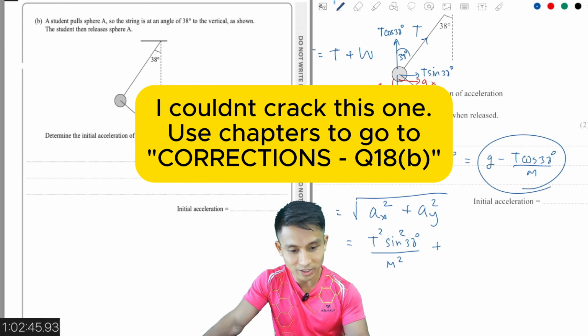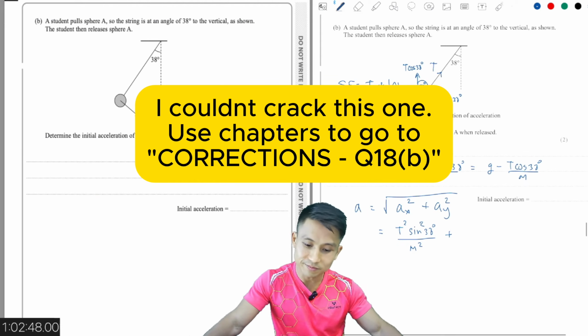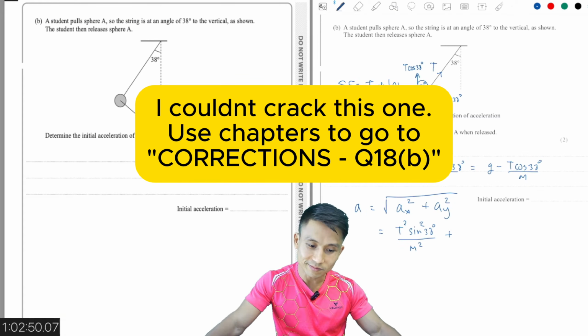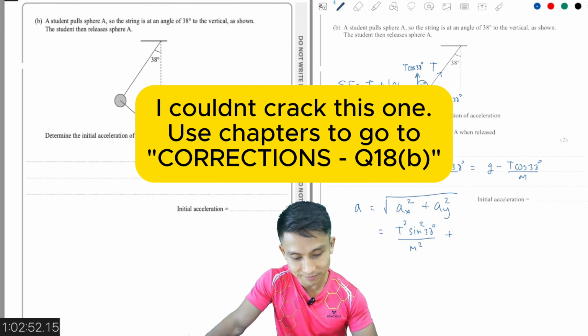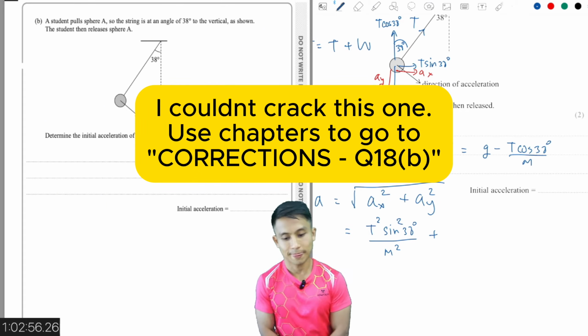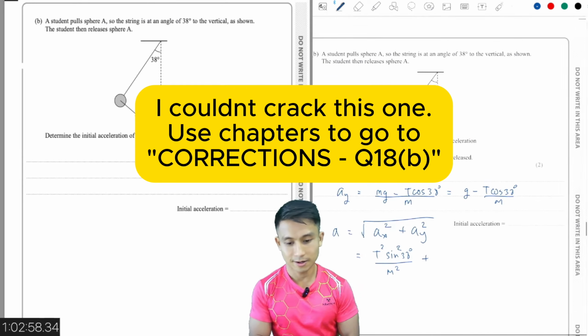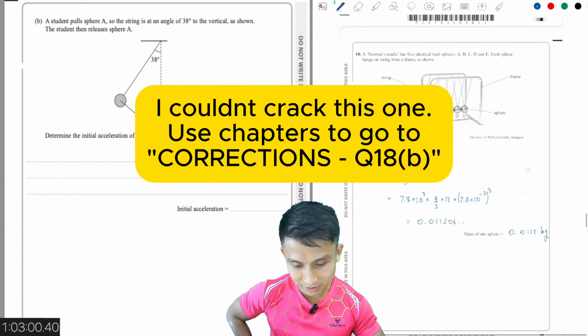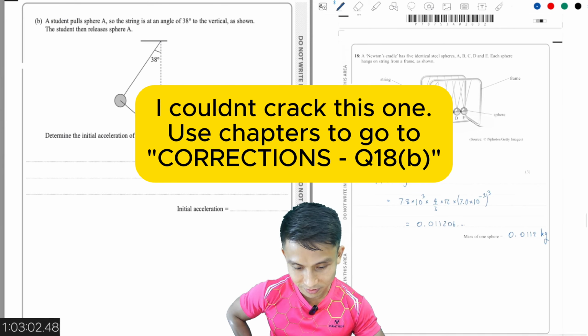Ooh, this is horrible. We need to square that, right? Am I overcomplicating it? Wait, isn't this the same? No, it's not.